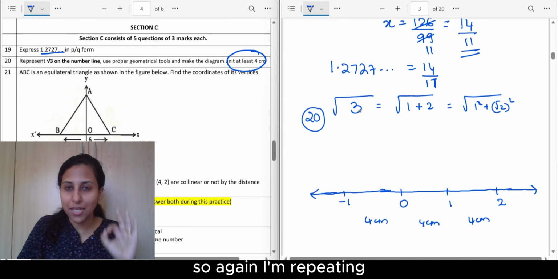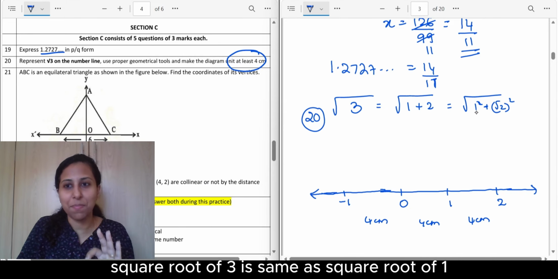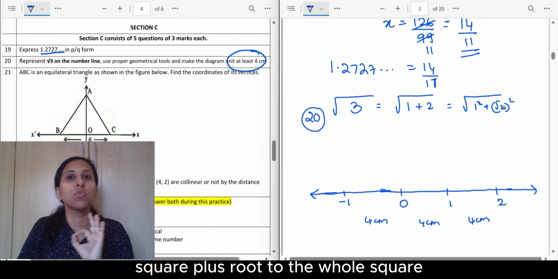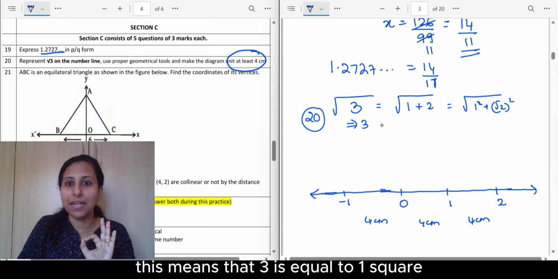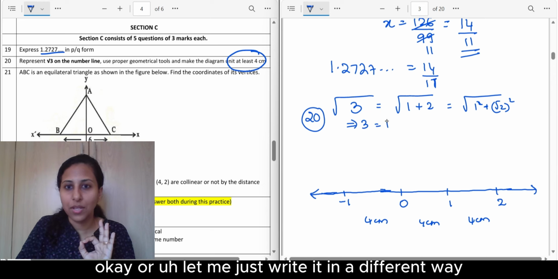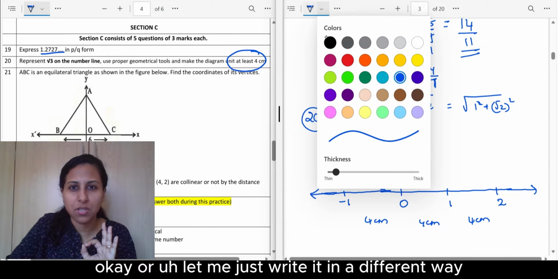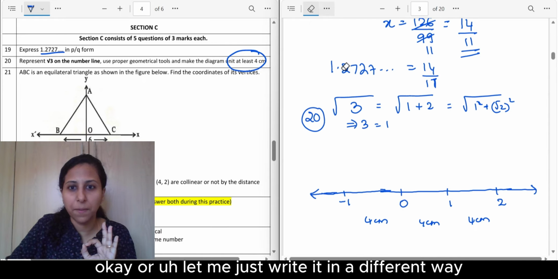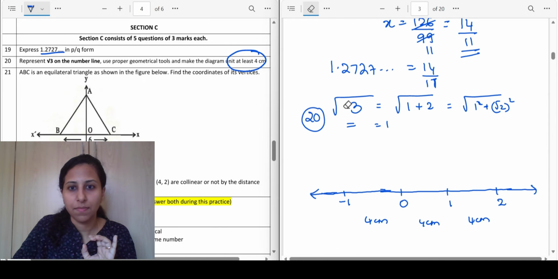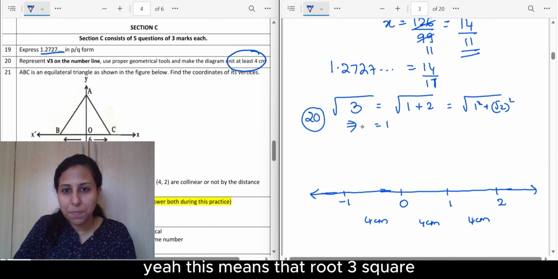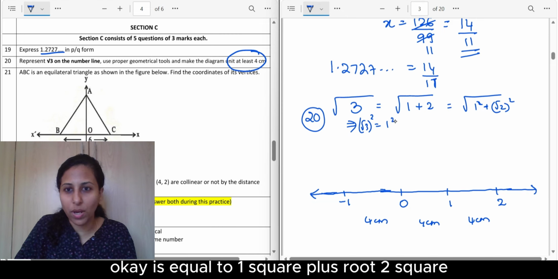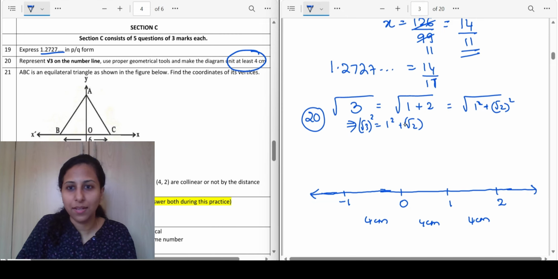So again, I'm repeating, square root of 3 is the same as square root of 1 square plus root 2 the whole square. What does this mean? This means that root 3 square is equal to 1 square plus root 2 square.